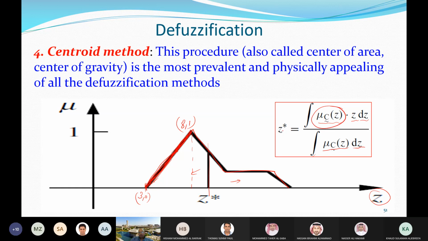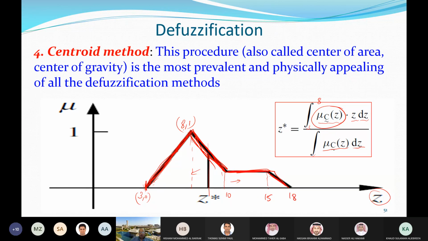This is, and you multiply by Z, and you integrate from 3 to 8. And you have the straight line equation here, and you integrate from 8 to 10, for example. And this is the straight line equation, which is constant here, and you integrate from 10 to, say, 15, and this is 18.